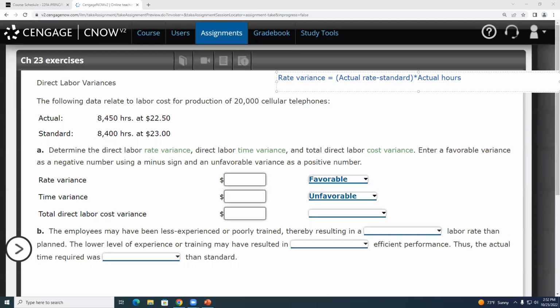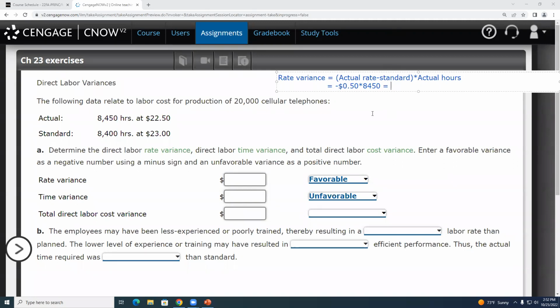And so what did we see? Actual was 22.50. The standard was 23. That's a negative 50 cents per hour for the 8,450 hours that we worked. We saved 50 cents an hour for the 8,450 hours we worked.